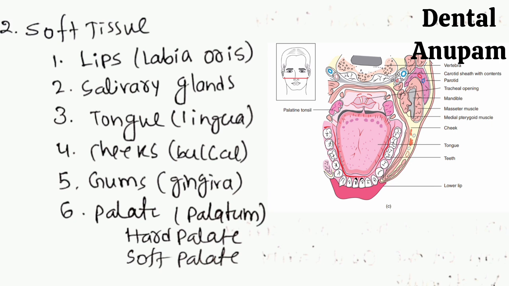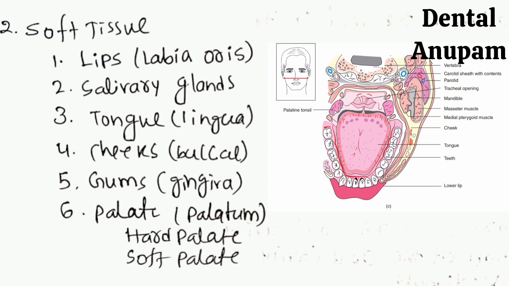The inner surface of each lip is connected to the corresponding gum by a fold of mucous membrane in the midline called the frenum. Lips play an important role in deglutition and speech.